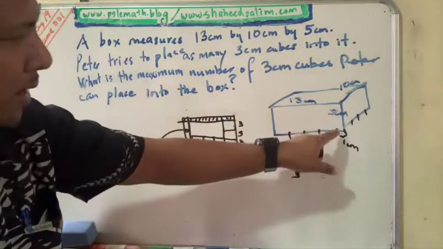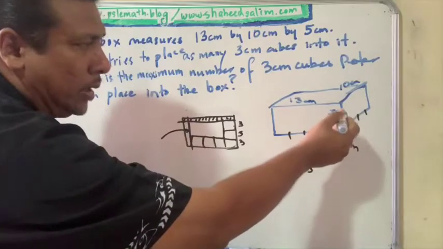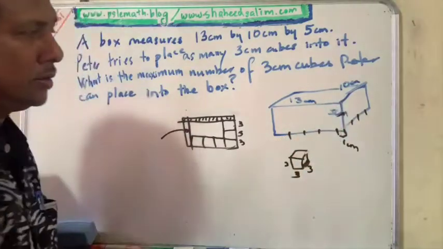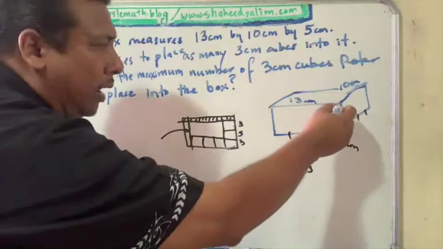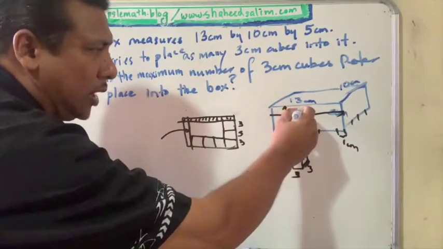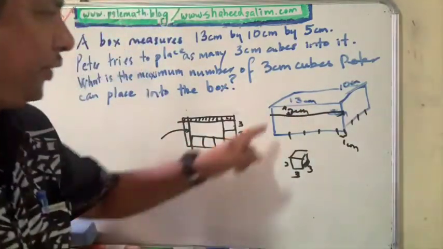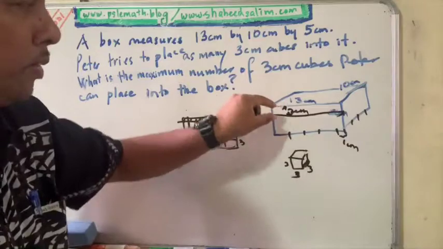And for 5 cm, the height, you can fit 3, and then the next one is 6. So in this case, you will have a 2 cm space that is unused. You cannot fit a 3 cm cube into a 2 cm space.